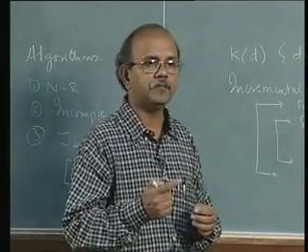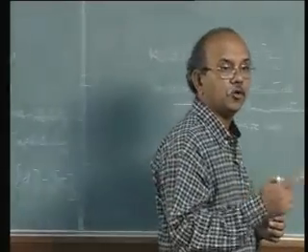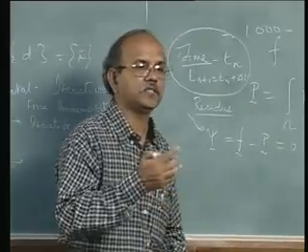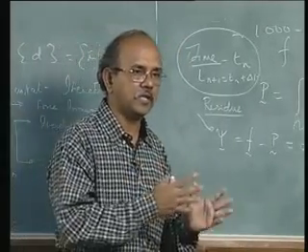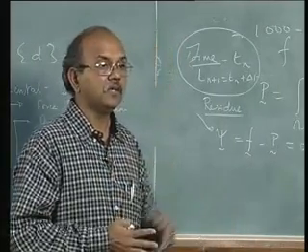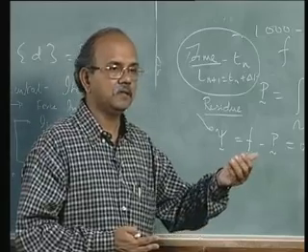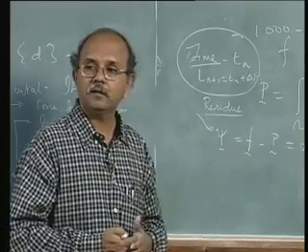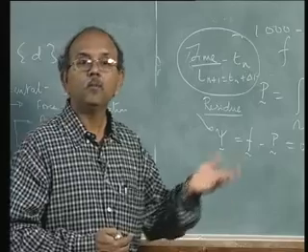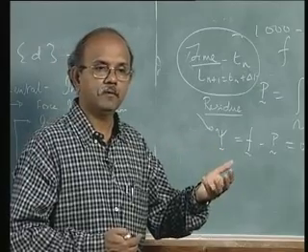So T1 becomes 0 plus delta T, which is say 0.1. So T1 becomes 0.1. T2, which is an increment over T1, now is 0.2 and so on.